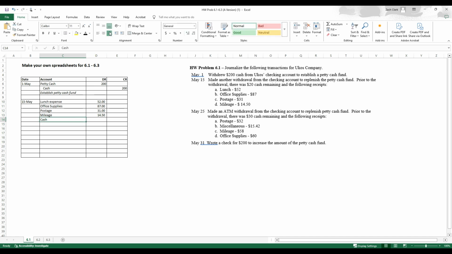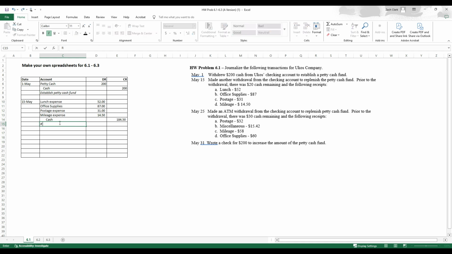And we're going to take out more cash to replenish the fund, like I said, up to $200. But we also want to record all these expenses here. And the office supplies, we might have that as an expense, but this might be an asset as well. So whatever we paid for, essentially, right? What we want to think about.